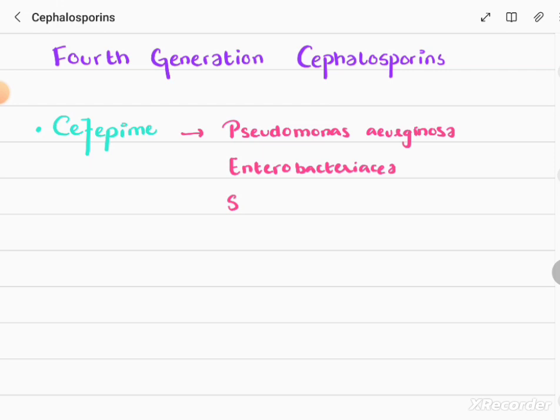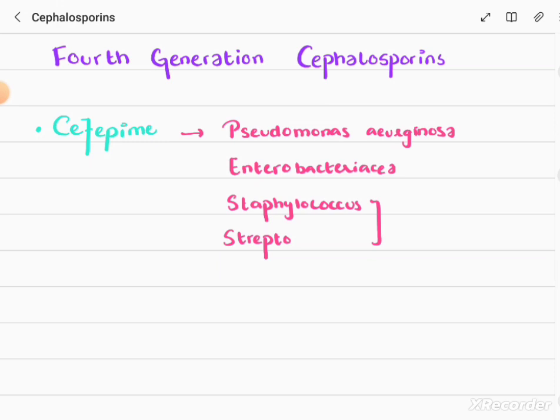It also has activity against staph, which is a gram-positive bacteria responsible for causing pneumonias and a variety of skin and soft tissue infections. And it also has good activity against Streptococcus pneumoniae and the other strains. So these bacteria cause respiratory tract infections and skin and soft tissue infections.